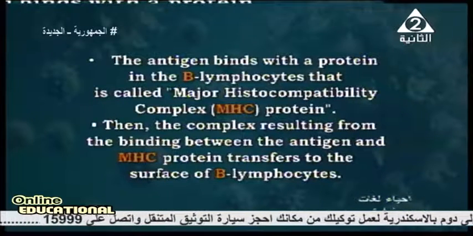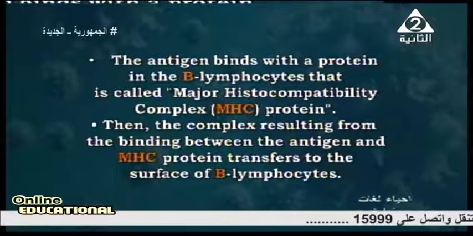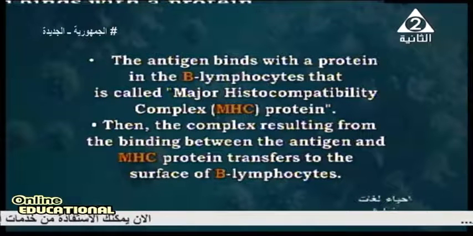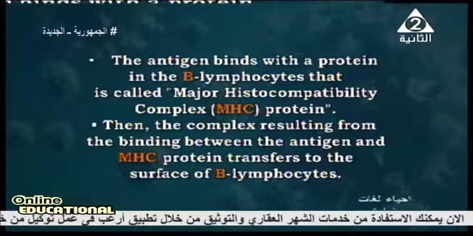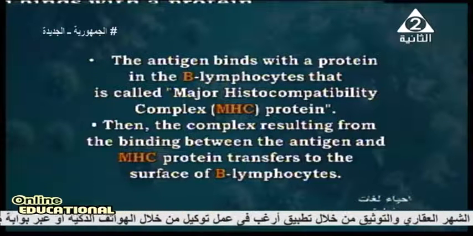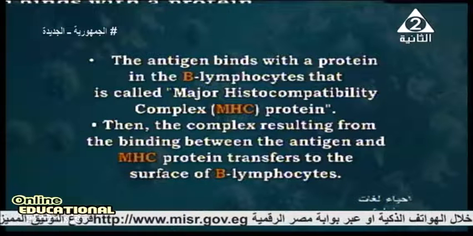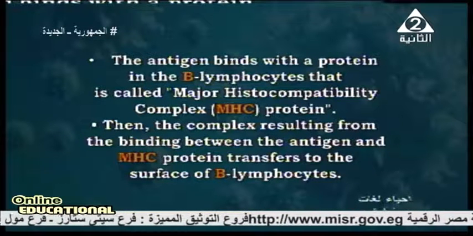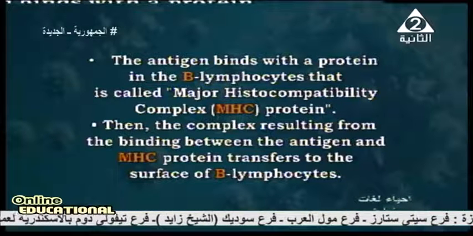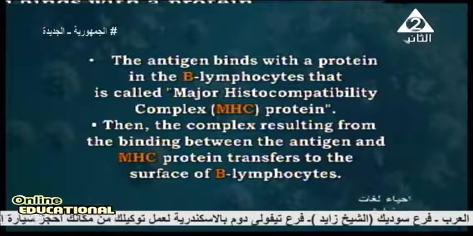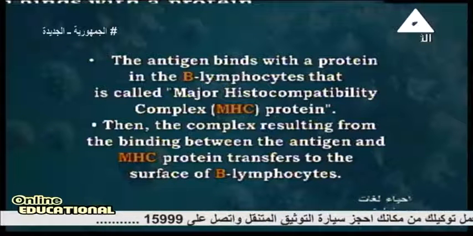The antigen binds with a protein in the B lymphocyte that is called major histocompatibility, or the complex known as MHC. MHC means major histocompatibility. This is the type of protein that, when this complex resulting from binding between antigen and the protein, transfers to the surface of the B lymphocyte.